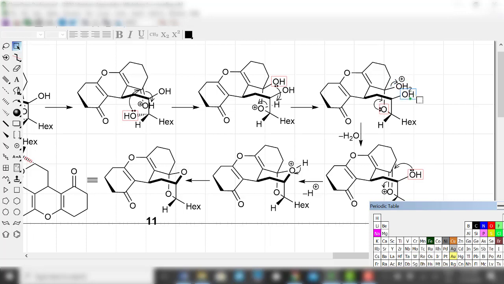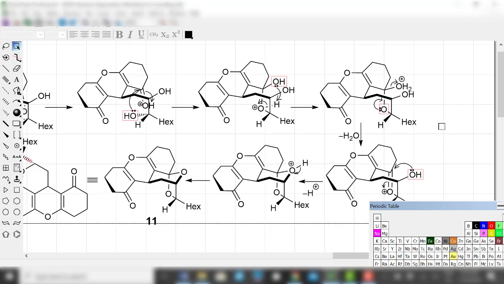But if you draw it in this particular fashion, it is not possible, because for the lone pairs on the alcohol to whack this carbon, it will be SN2 like. For it to be SN2 like, it has to come from the rear, but the rear is an impossible path for the OH to approach. So in that case, a nucleophilic addition-like mechanism works a lot better.